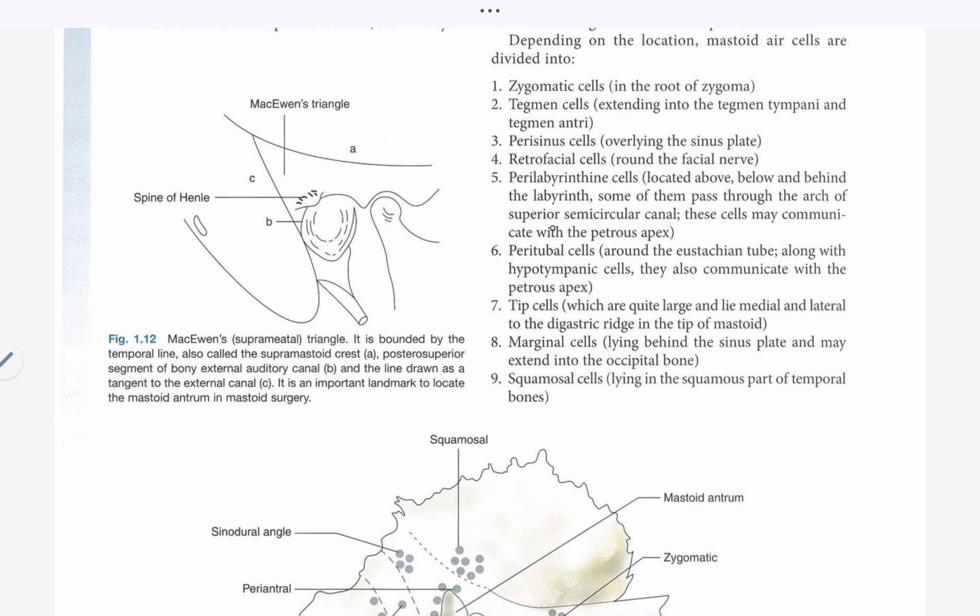These cells may communicate with the petrous apex. Peritubal cells around the eustachian tube, along with hypotympanic cells, also communicate with the petrous apex. Tip cells, which are quite large, lie medial and lateral to the digastric ridge in the tip of the mastoid. Marginal cells lie behind the sinus plate and may extend into the occipital bone. Squamosal cells lie in the squamous part of the temporal bone.